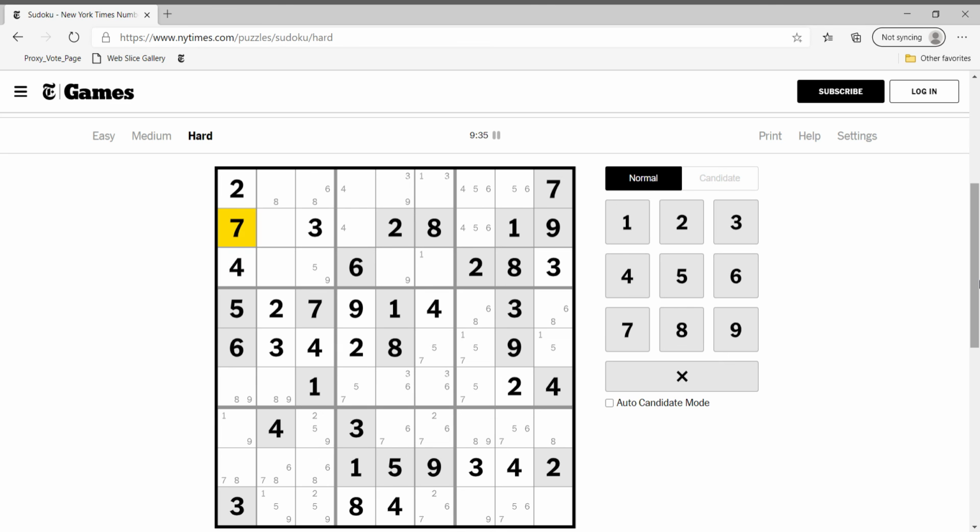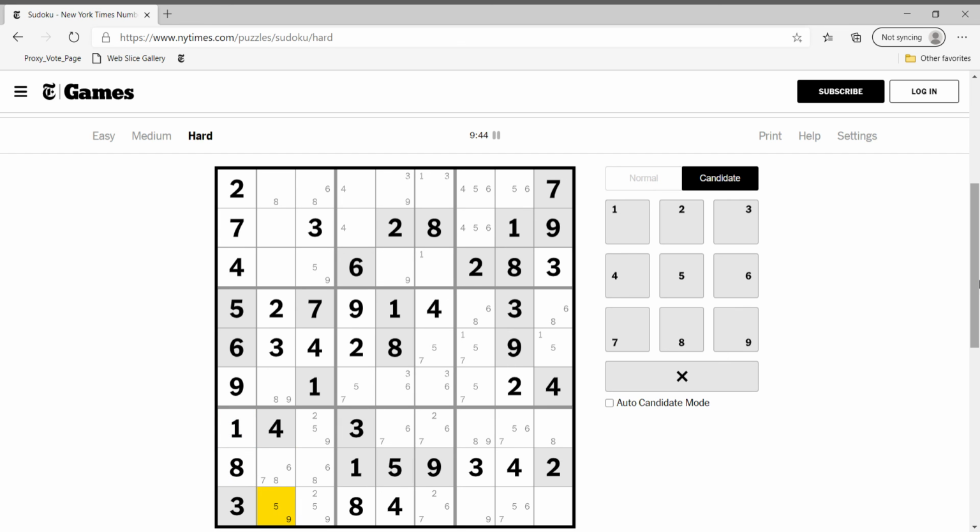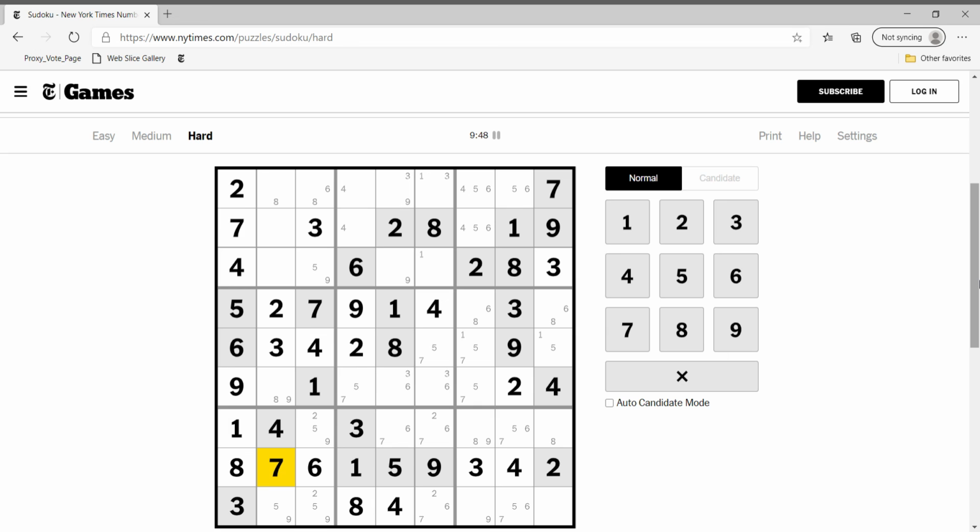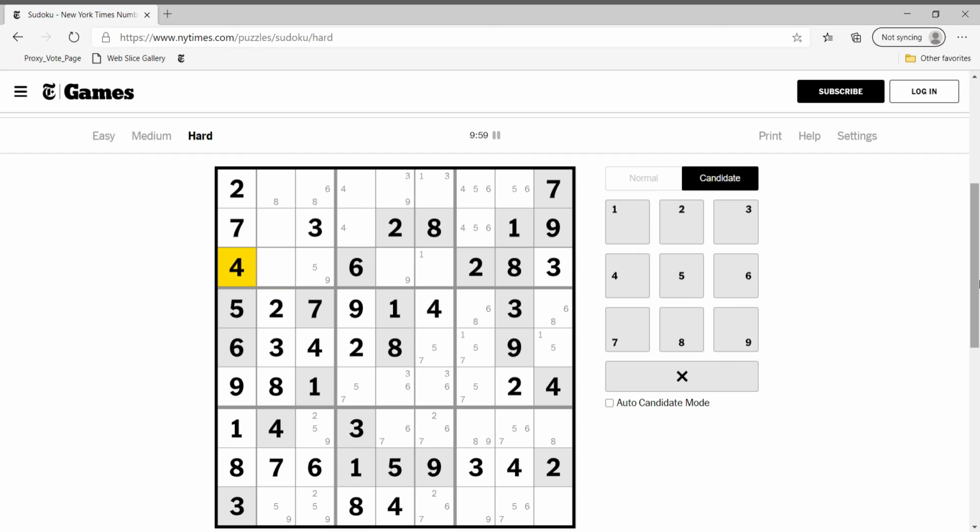And this has to be 7, as we talked about before. So this is 8. This has to be 9. This is 1. Okay. So this is 6. This is 7. This is 8. Okay, and so we know all the 6s. This is 2, 5, 2, 5, 9. Yeah, this is the same.